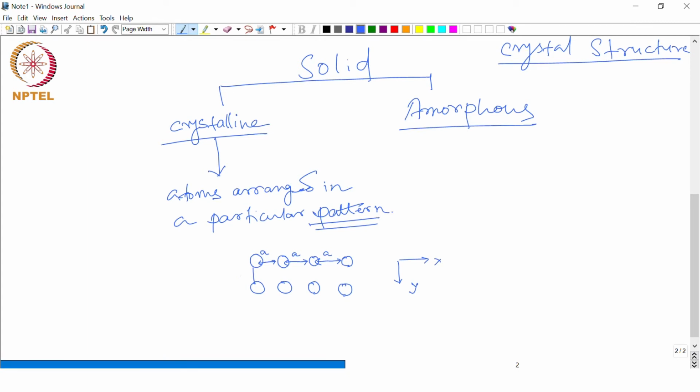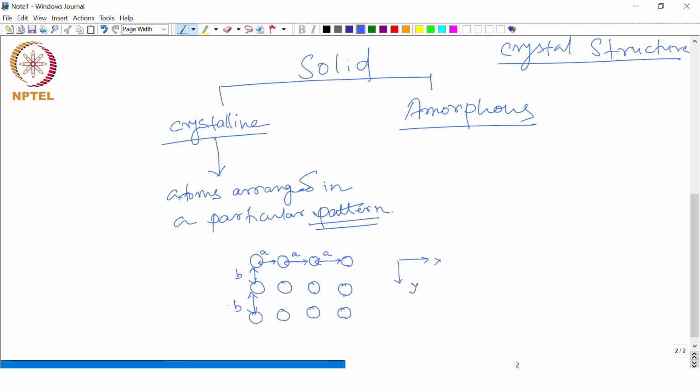Similarly, in the y direction also the repeat distance will be same, if the material is a crystalline material with a particular crystal structure. Okay.